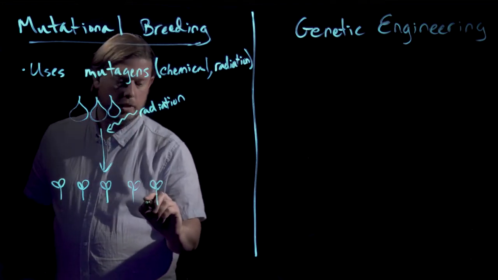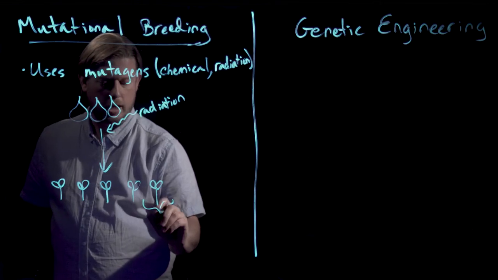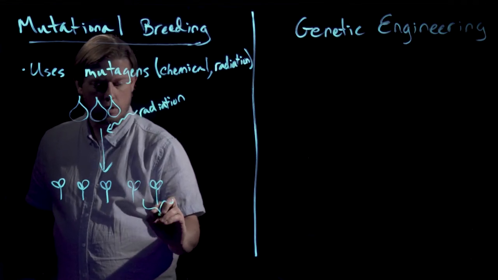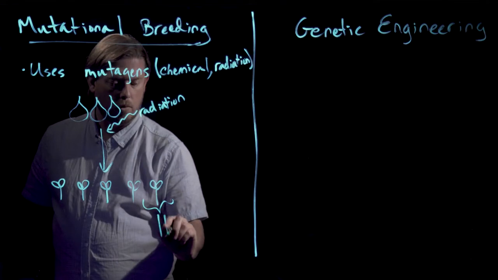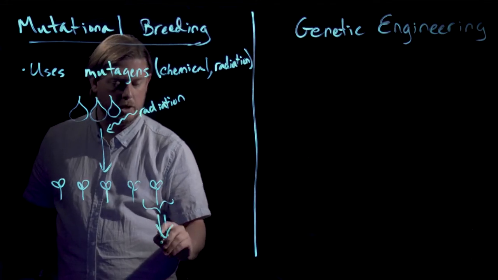And if we find, say, some drought tolerance here, we can then take that plant and we can either grow it, or we can mutate it further, or we can outcross it to another current crop to try and isolate that trait.